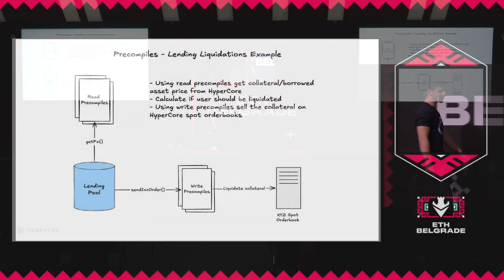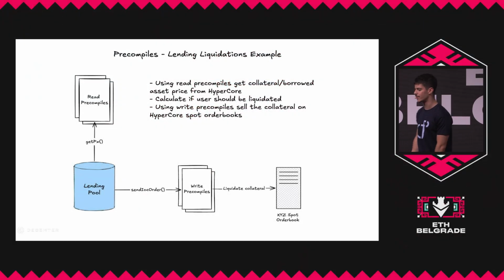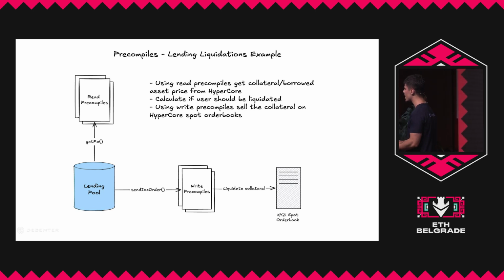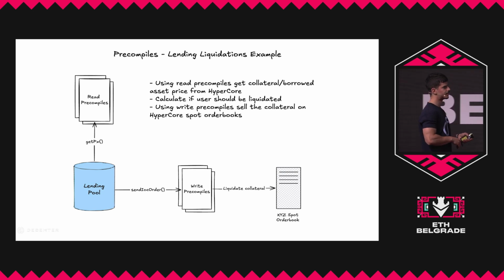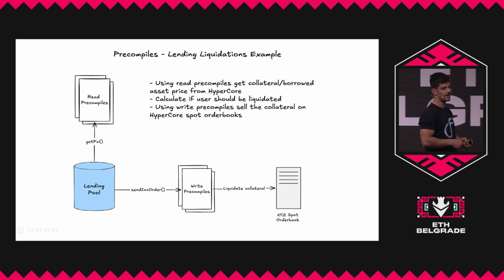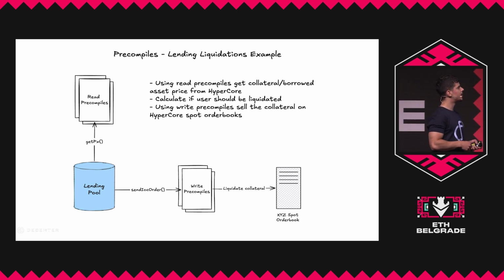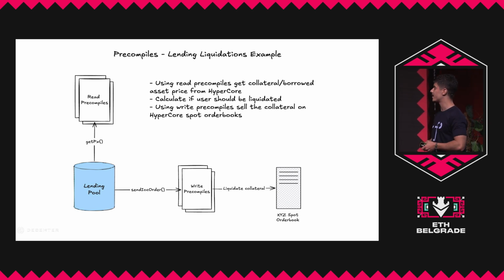Yeah, the precompiles. So here's the third interesting example of what you can use the precompiles for, is to execute liquidations in lending or CDP protocols. So imagine you have a classic lending protocol on EVM, and you place XYZ collateral to borrow ABC token. Now, the lending pool with the precompiles can execute automatic liquidations.